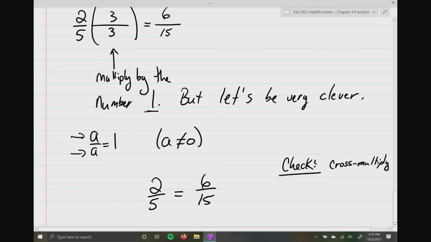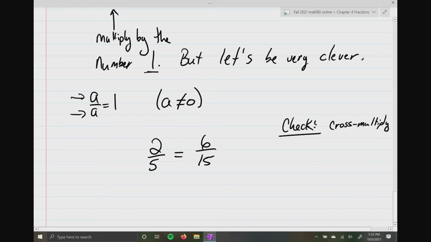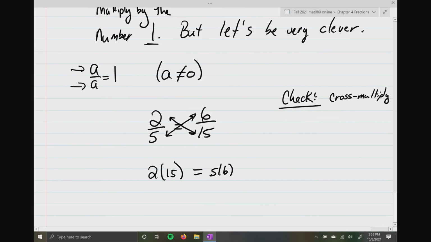To check if 2 over 5 and 6 over 15 are equivalent, we take 2 times 15 and set that equal to 5 times 6. If the left and right sides are the same number, then they're equivalent fractions. 2 times 15 is 30. 5 times 6 is 30. So they're equivalent fractions.